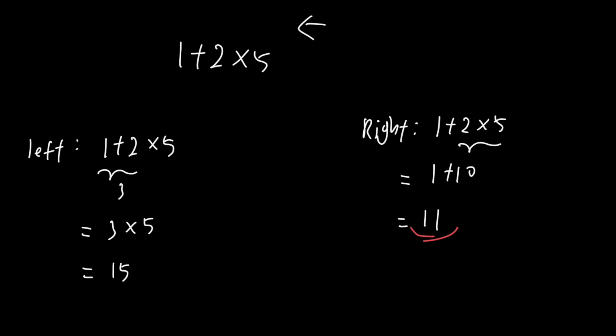We have a different result. We got 15 and 11, but we have the same expression. So someone will say we just want to calculate it from left, and someone will say no, I just want to calculate it from right. But which one do we use?